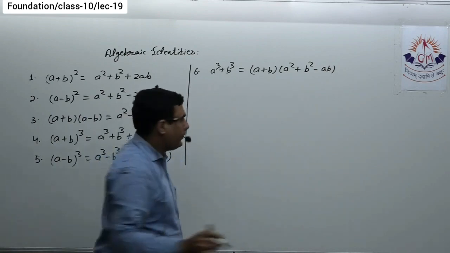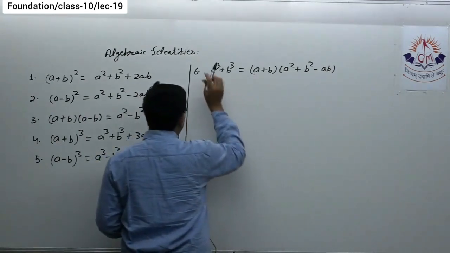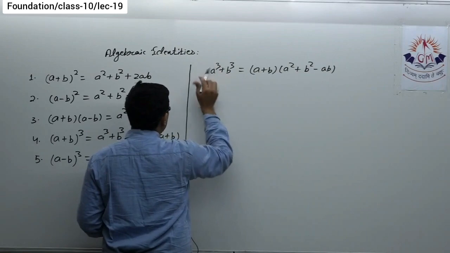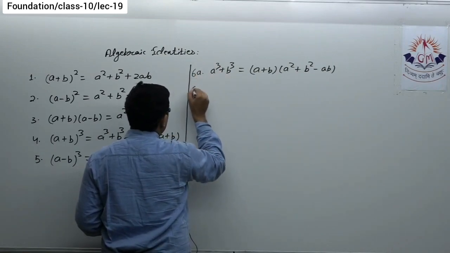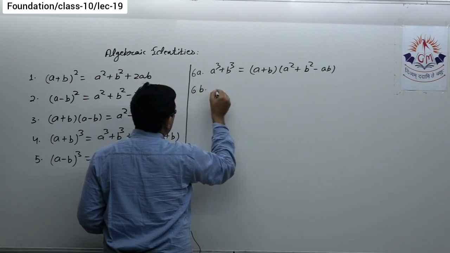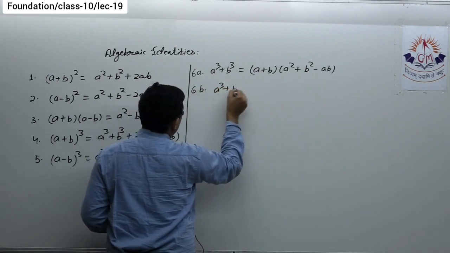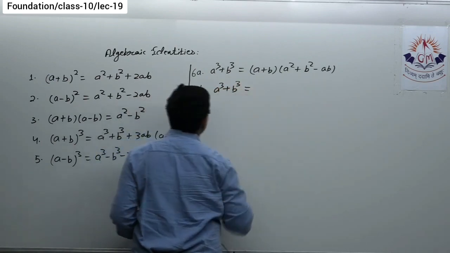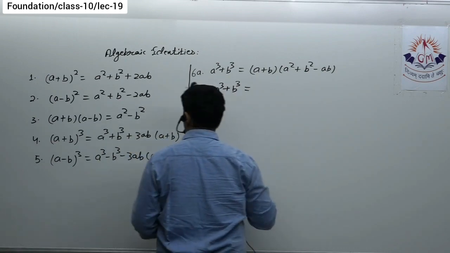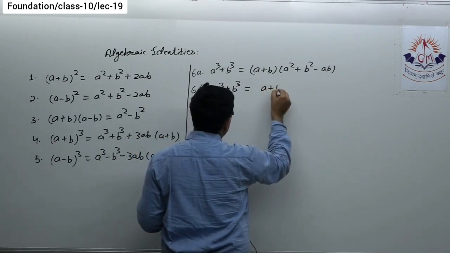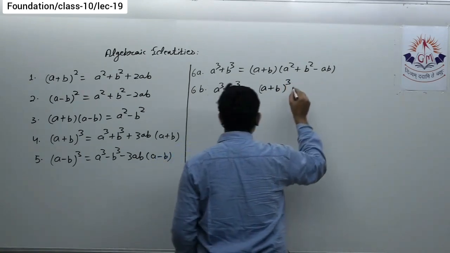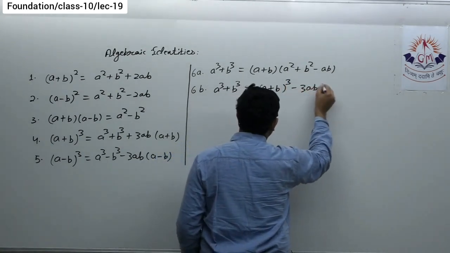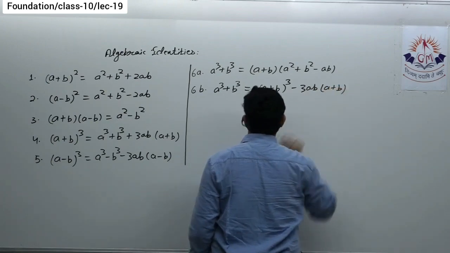Now we have one more identity of a cube plus b cube, so I write this as sixth a and sixth b. Again, I can write a cube plus b cube is equal to (a plus b) whole cube minus 3ab into (a plus b).